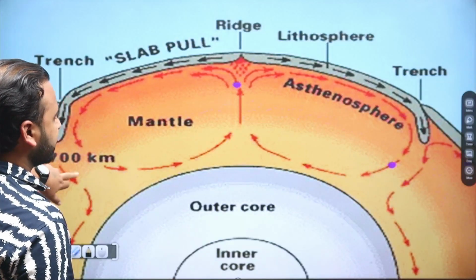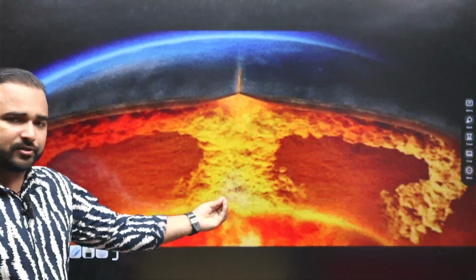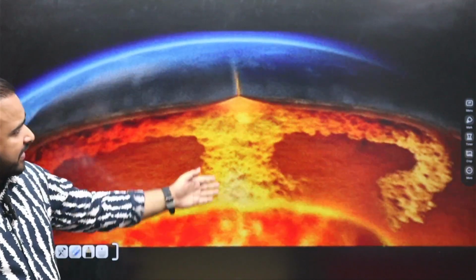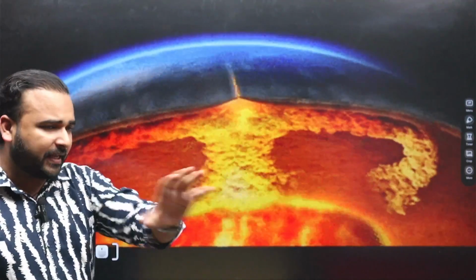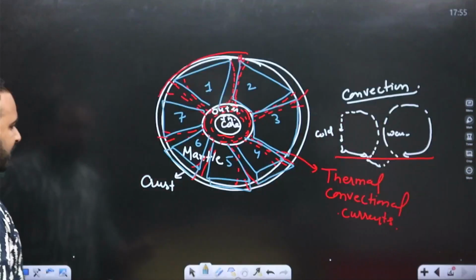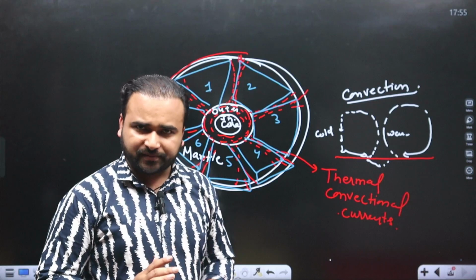So with huge convectional currents, there is a crack in between, and these cracked parts are known as the plates. So there are seven major plates on Earth's surface.